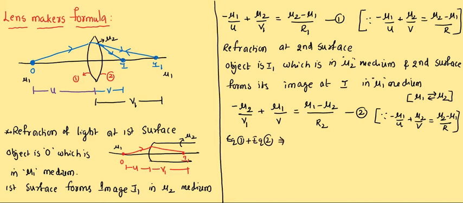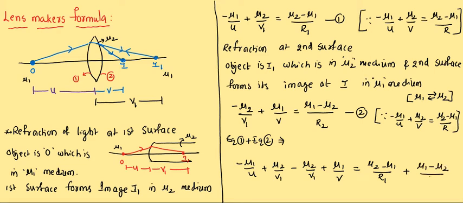The next step is to add these two equations. When we add them, we get minus Nu1 by U plus Nu2 by V1 minus Nu2 by V1 plus Nu1 by V is equal to Nu2 minus Nu1 by R1 plus Nu1 minus Nu2 by R2.